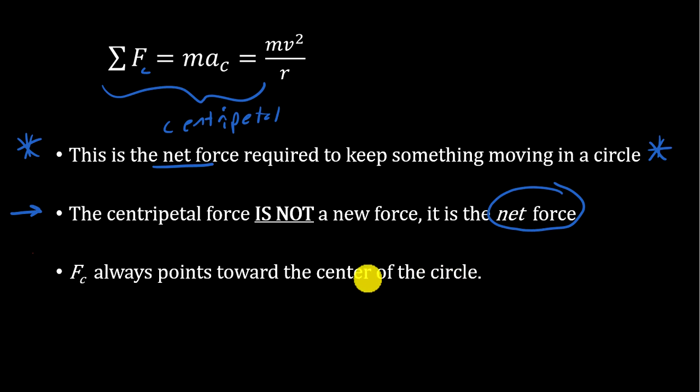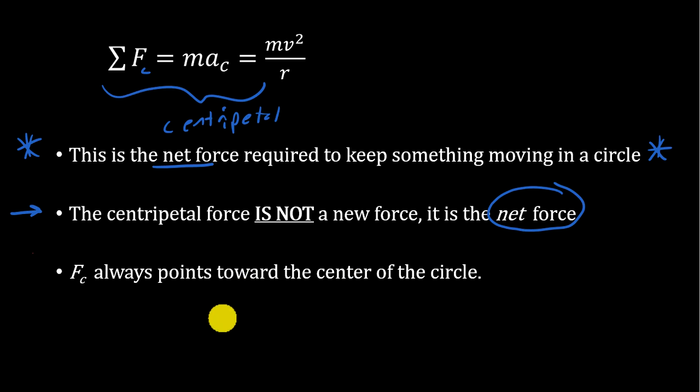Instead of saying the sum of the forces equals ma, the sum of the forces equals mv squared over r. When you add all the forces up, they give you the centripetal force, mv squared over r, F_c.